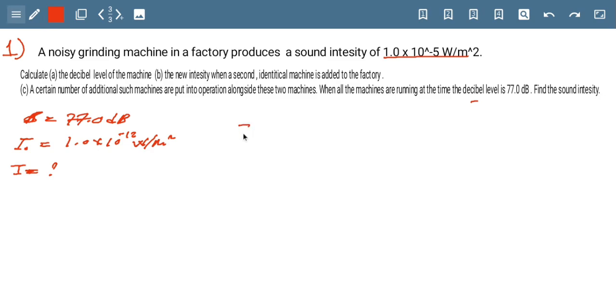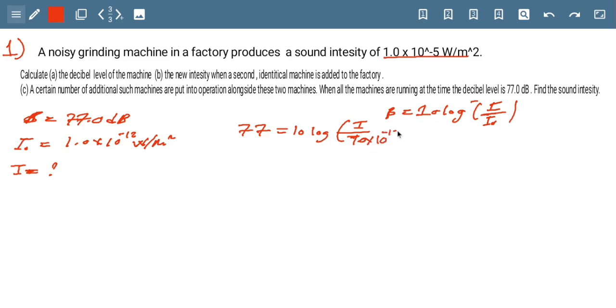We have 77, according to the formula, which is the decibel level, equal to 10 log of the intensity divided by the initial intensity, which is constant, 1.0 × 10^-12 watts per meter squared.